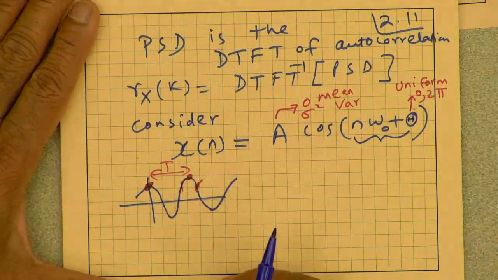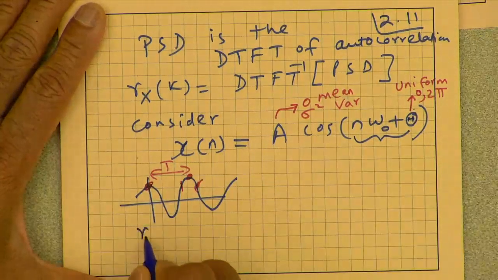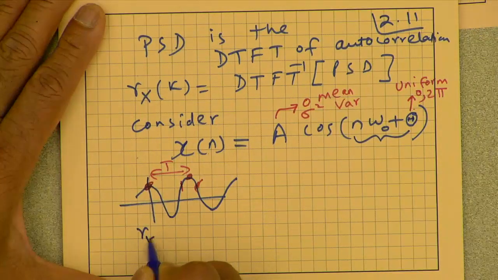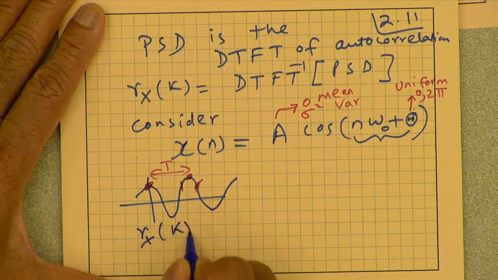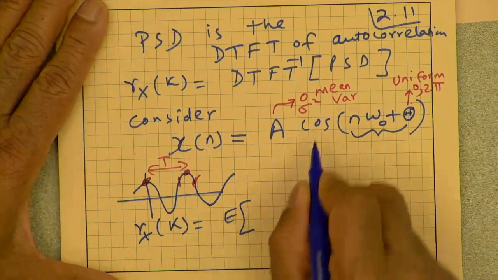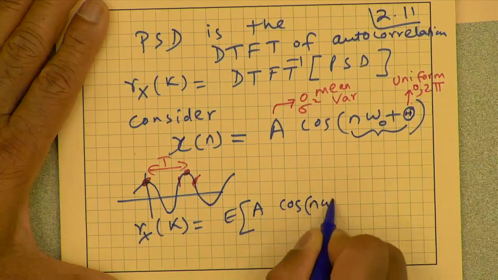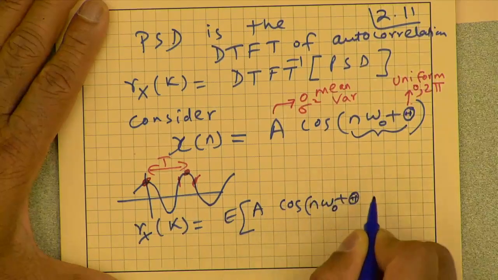So what exactly is the autocorrelation of the sequence? R of k, whether I write x or not doesn't matter, it's only one signal x. The signal is A cosine n omega naught plus theta.